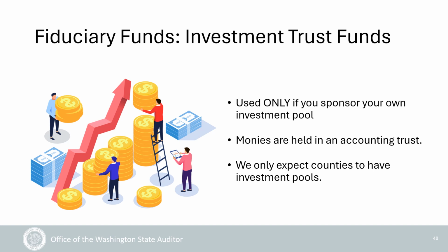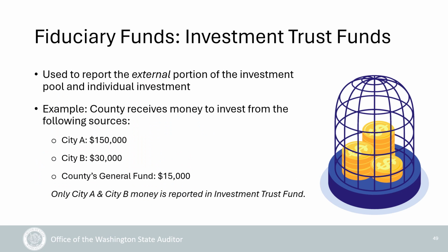In Washington, we would only expect counties to sponsor an external investment pool since they are mandated by state law to invest the junior taxing district's money until needed. Investment trust funds are used to report only the external portion of an investment pool. That means the portion of the money that does not belong to the government itself.